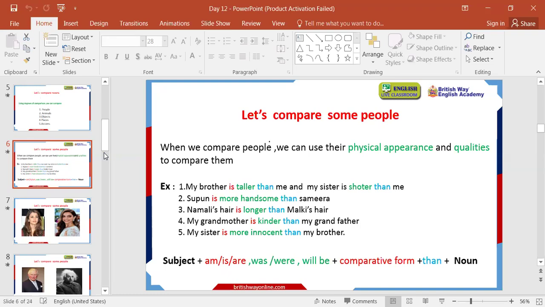Deepika Padukone is more popular in the Indian film industry than Aishwarya Rai. Aishwarya Rai is more confident than Deepika Padukone. How about these two? Who are they?